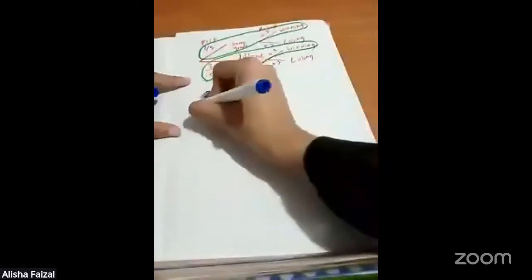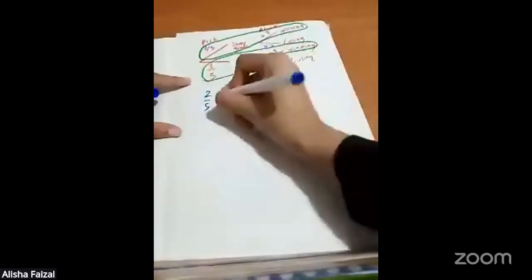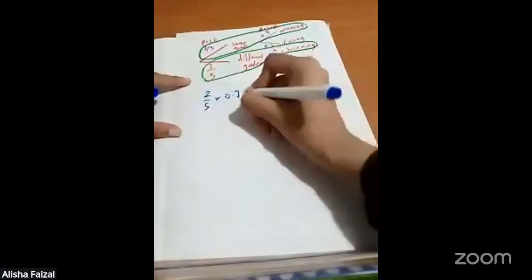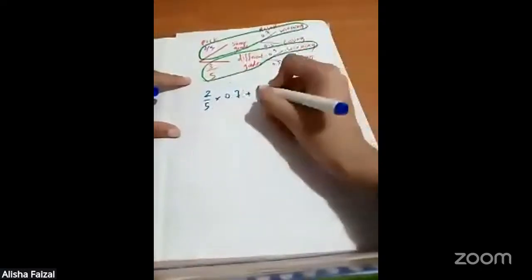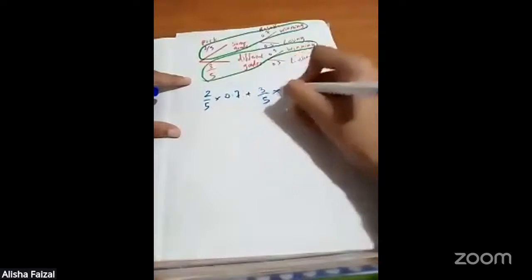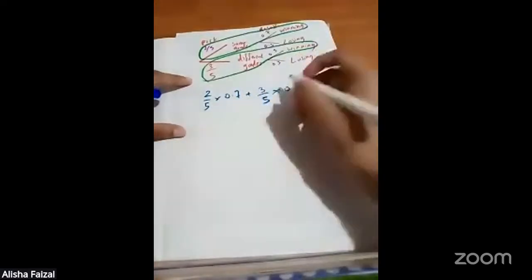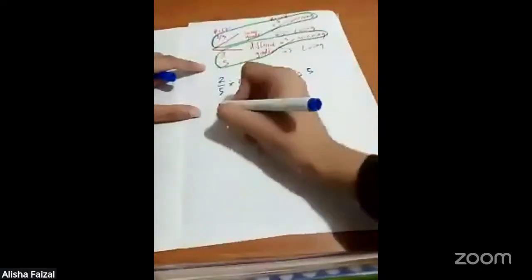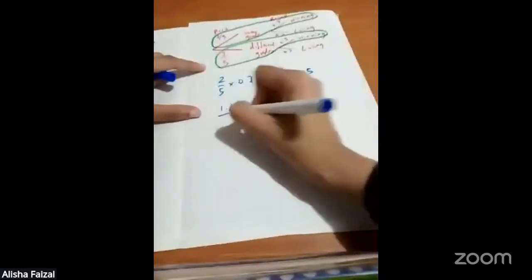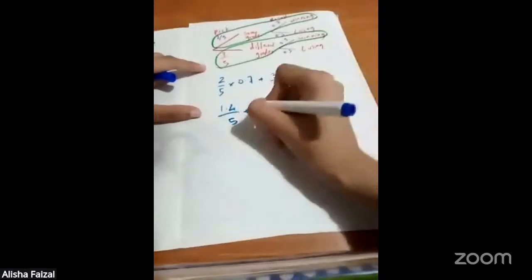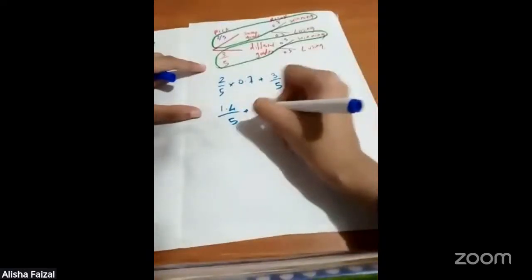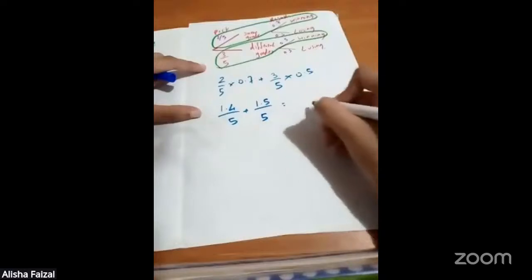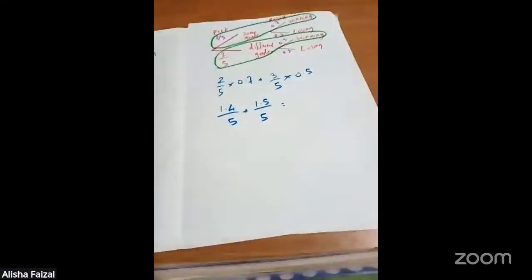2/5 multiply by 0.7 plus 3/5 multiply by 0.5. We can multiply this. 7 into 2 is 14, so 1.4/5, plus 5 into 3 is 15, so 1.5/5. The answer is 2.9 over 5.